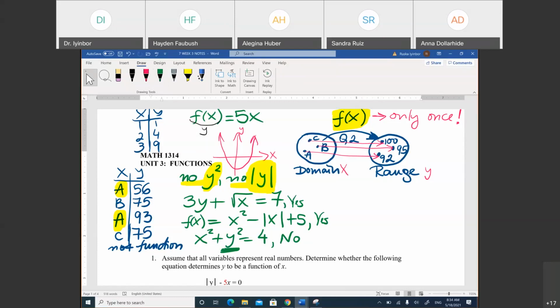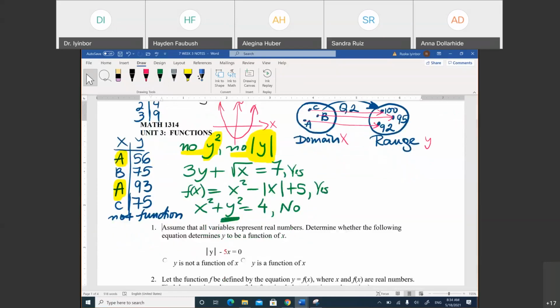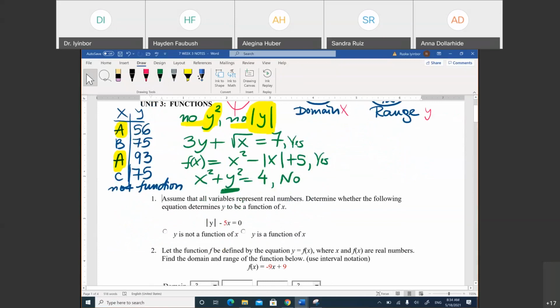Yes? Okay, let's look. We have a few equations here to check. Number one, determine whether the following equation is a function or not a function. So this is the equation given here: absolute value of y minus 5x equals 0. Is it a function or not a function? Not a function, that's right. It's not because we have the absolute value of y, right?